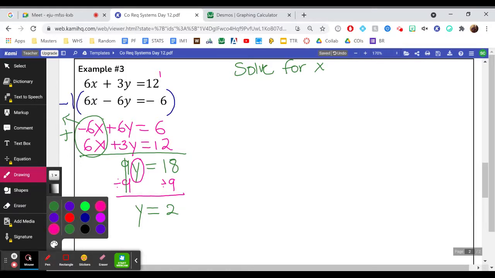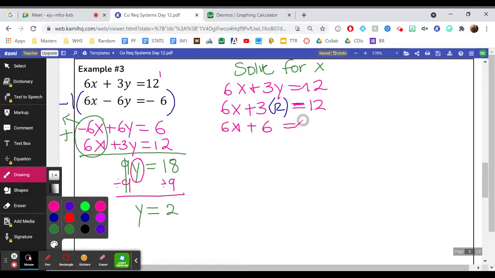Okay, now I'm going to use my first equation, so 6x plus 3y is equal to 12. And instead of y, I'm going to put 2. So 6x plus 3 times 2, that's 6, so plus 6 is equal to 12.